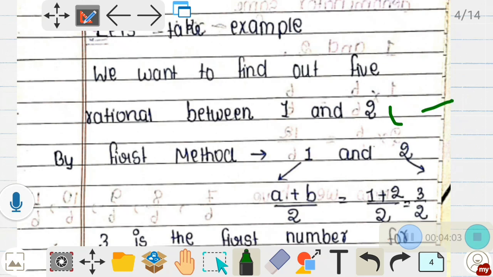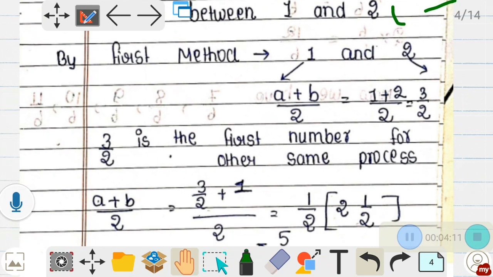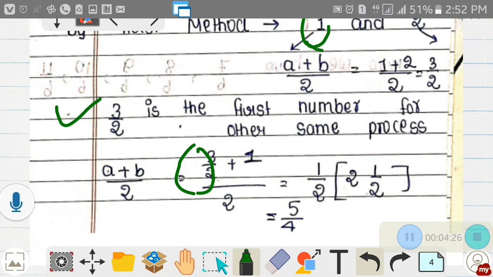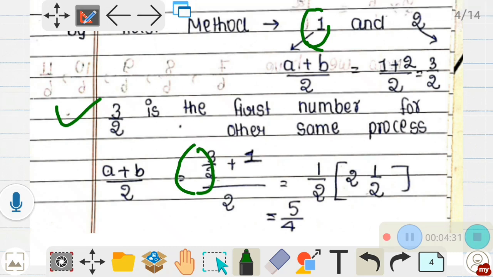We want to find five rational numbers between 1 and 2. So we will take 1 as a and 2 as b, and then we add them. So we get 3, and then we divide by 2. So we have got 3 by 2 as a number, and for the other number we will take 3 by 2 plus 1.